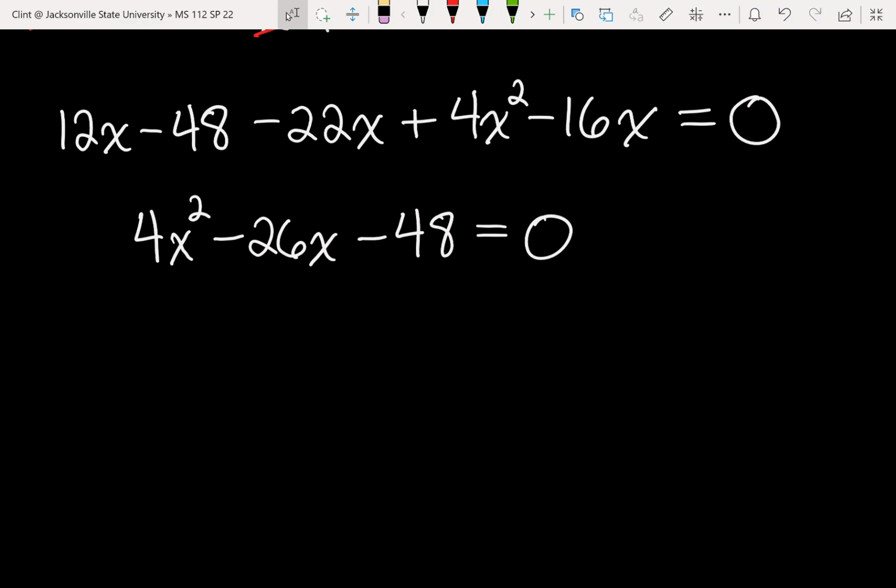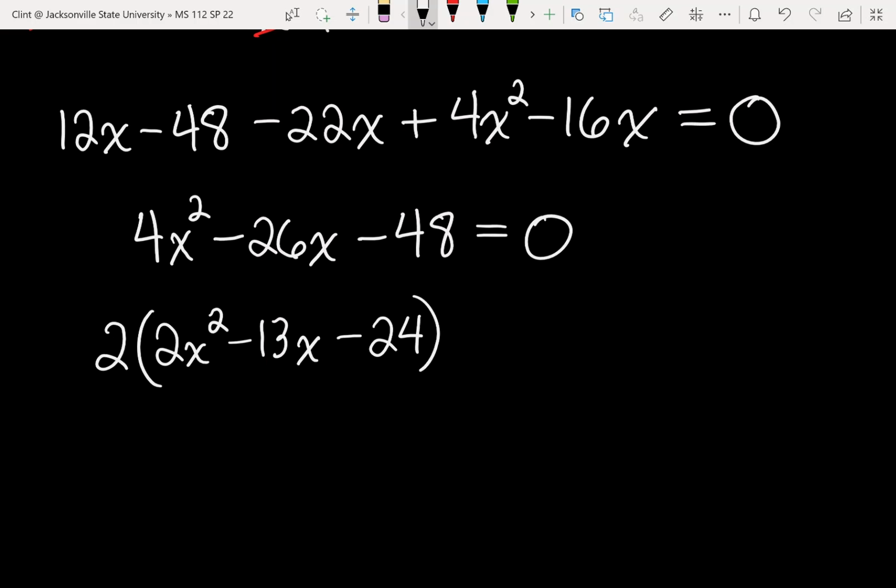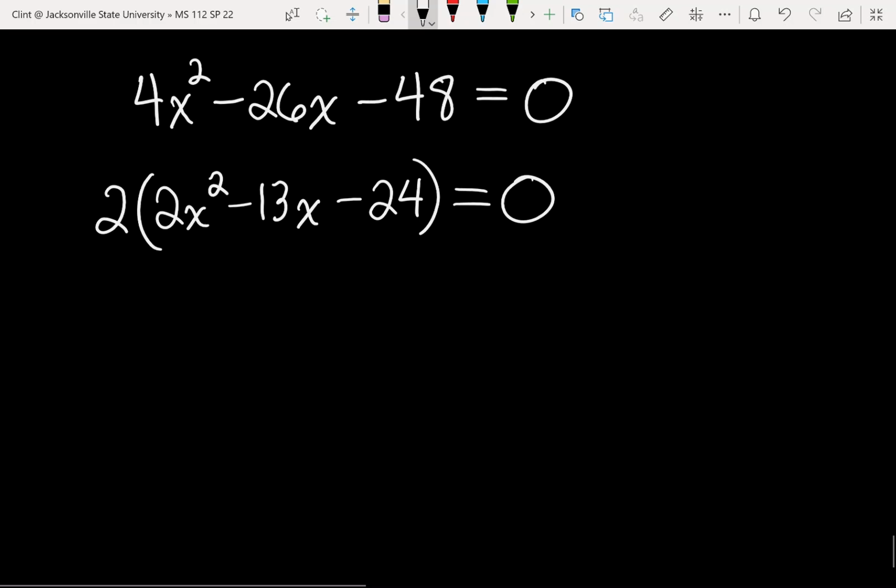Yeah, we can factor. I wish we could take a 4. 4 won't go into 26 evenly. We can take a 2. If we could take a 4, it would be awesome. That helps a little bit anyway.